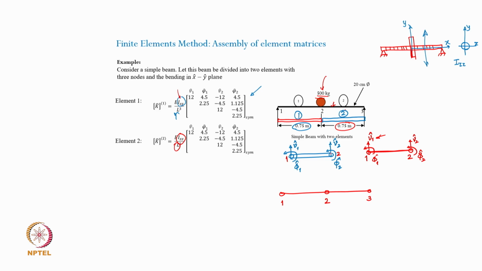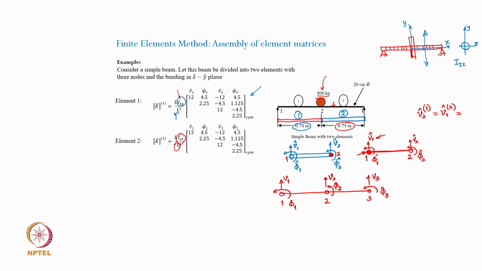Now, this particular node of the first element and this particular node of the second element, they are actually coincident nodes, and it is quite obvious that this v 2 cap pertaining to the first element will be equal or same as v 1 cap pertaining to the second element, and obviously in the global coordinates, if we define the nodal degrees of freedom as v 1 and phi 1 and here as v 2 and phi 2, and here obviously it is going to be v 3 and phi 3.